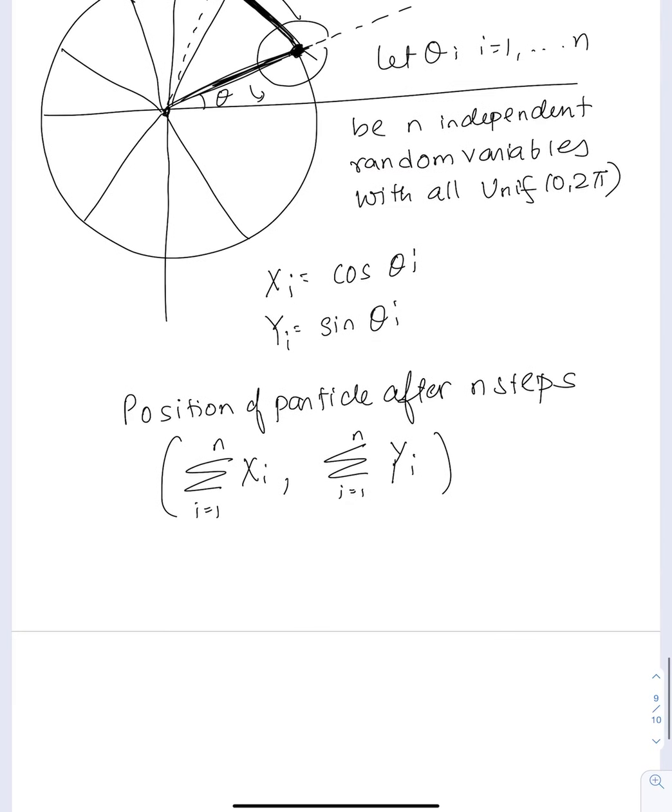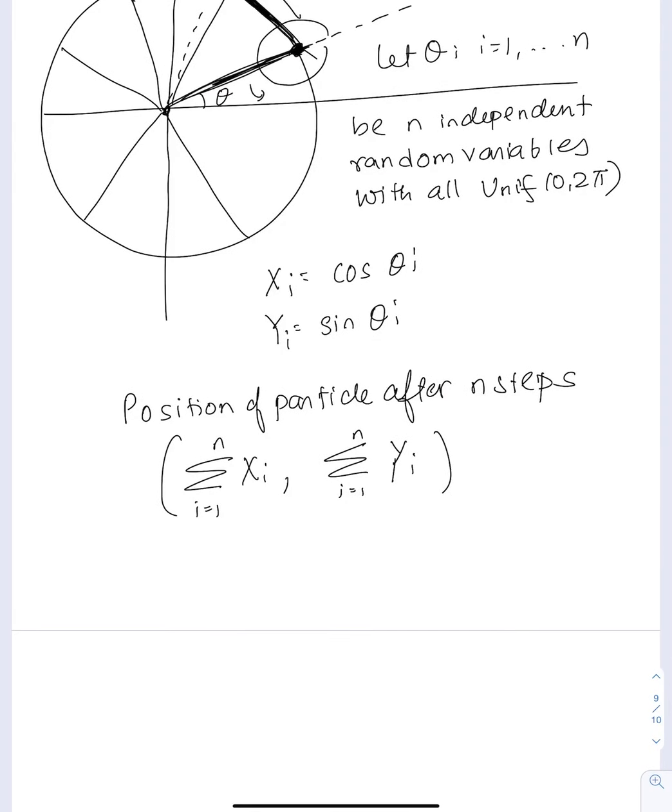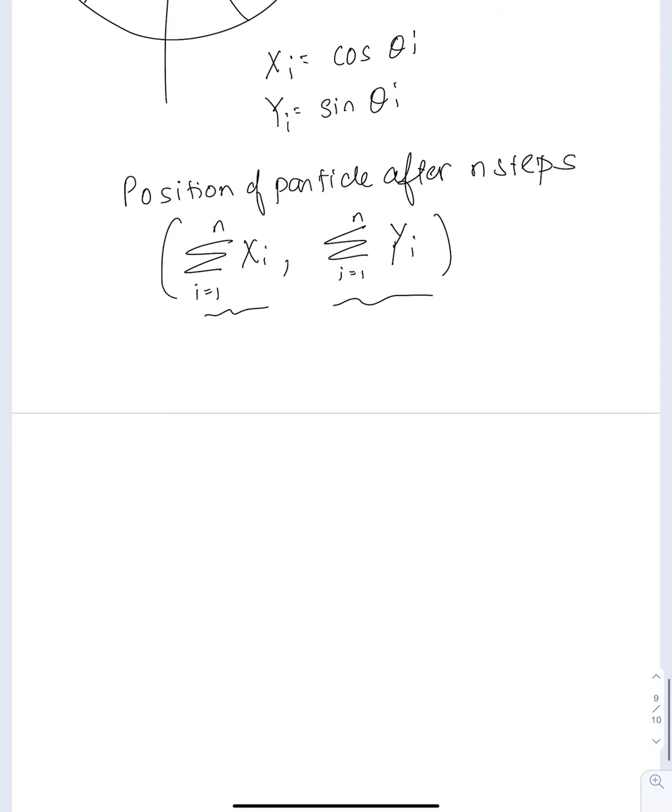That's the x coordinate of the particle after n steps. That's the y coordinate of the particle after n steps. What you want is the square of the distance. Well, if you have any particle anywhere, let's suppose that's the x and y coordinate. What is the square of the distance from the origin? D squared is x squared plus y squared, right?